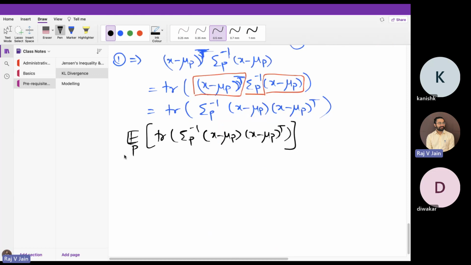Now through linearity of expectation, trace of something is basically just the sum of the diagonal elements, and I'm taking that sum's expectation, so I can always look at the sum of the expectations. So this can be written as trace of the expectation over this probability p of x of this quantity.